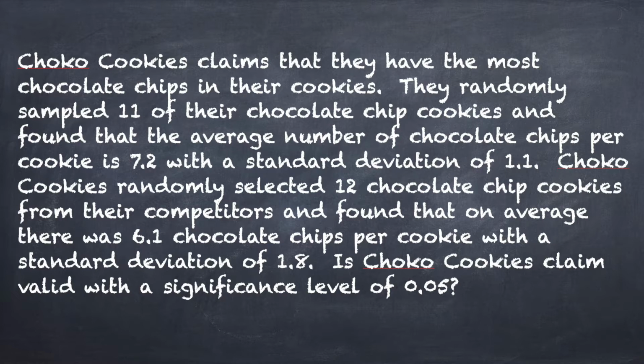Choco Cookies randomly selected 12 chocolate chip cookies from their competitors and found that on average there were 6.1 chocolate chips per cookie with a standard deviation of 1.8. Is Choco Cookies' claim valid with a significance level of 0.05? All right, so that is going to be our working example.